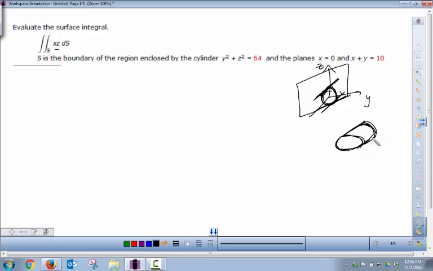So it should look something like this. It's a cylinder. You've got the back plane over here. This is X equal to 0. The front plane over here, X plus Y equal to 10, and then the cylinder itself.